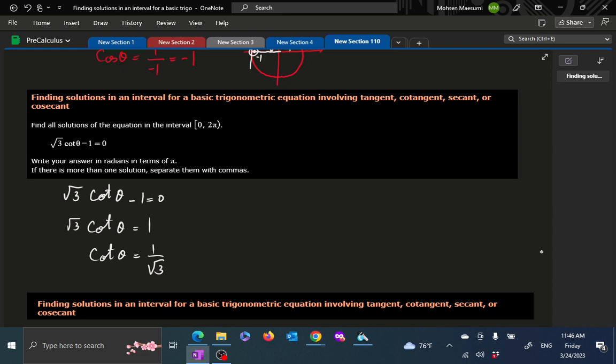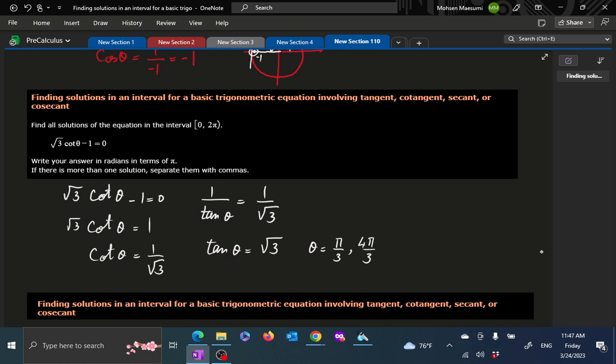Now we remember cotangent is the same as 1 over tangent. 1 over tangent is 1 over radical 3. Now if we flip both of these two fractions, it says tangent of theta is radical 3. We go ahead in our table and look it up that this angle is pi over 3, and also it turns out 4 pi over 3.